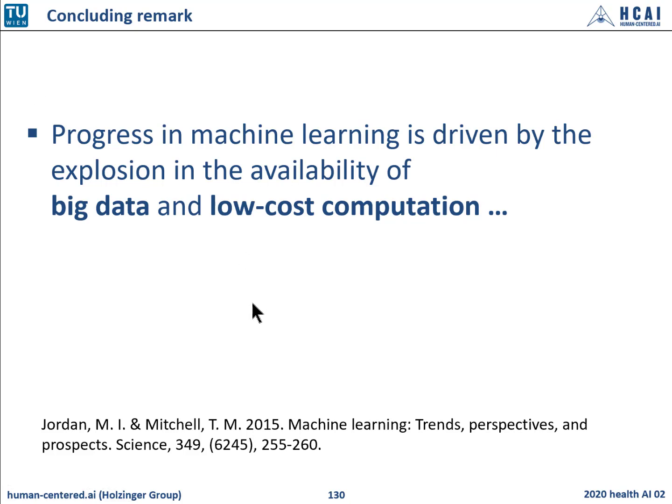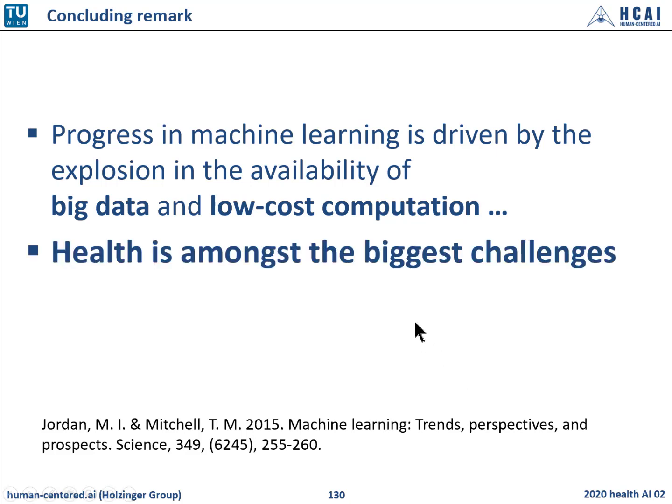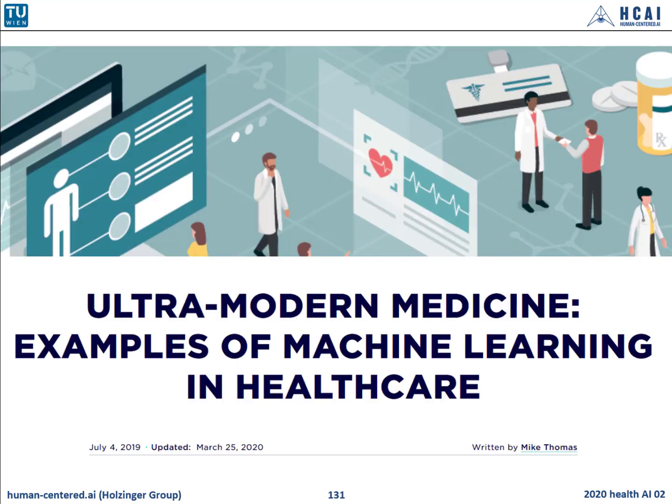And in this famous paper in Science from Jordan and Mitchell, they emphasized that machine learning is the most increasing field in computer science. But what they also mentioned there, and therefore I have included it here in this presentation, is that health is amongst the biggest challenges for machine learning.